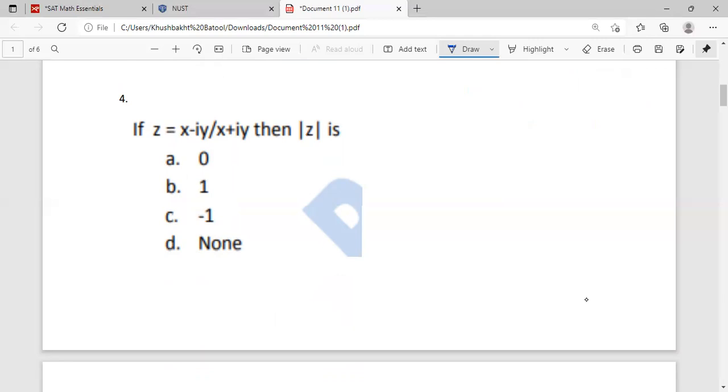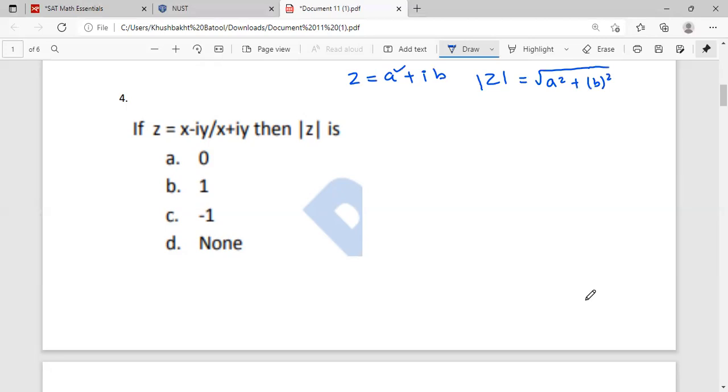In fact, it is a fraction where we have complex numbers in the denominator and numerator both. Okay. We know that. So let's think of this as a plus iota b. Let's say this is a complex number. Mod of z would be the square root of the sum of the square of the real part and the square of the imaginary part. Okay. All right.